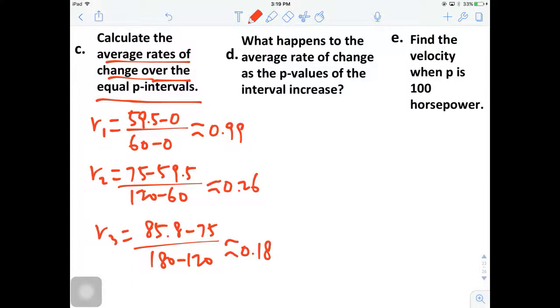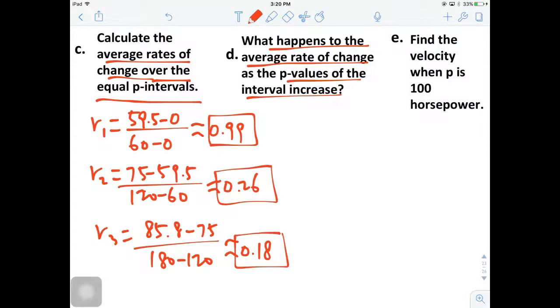So D says what happens to the rate of change as the value P increases. As you see that as we move down the intervals, the average rate of change is actually decreasing, so it's going down. And that's what is happening. And find the velocity when P is 100.